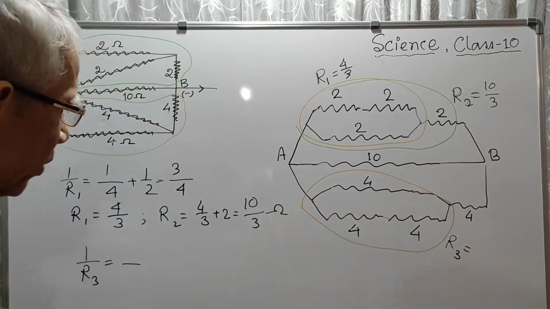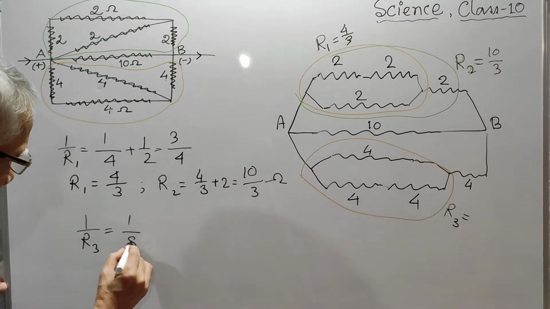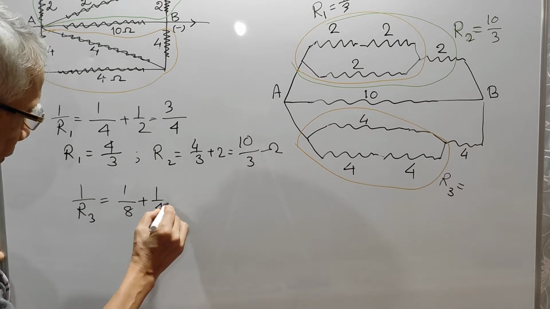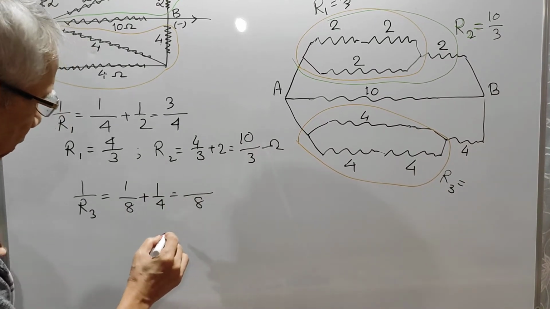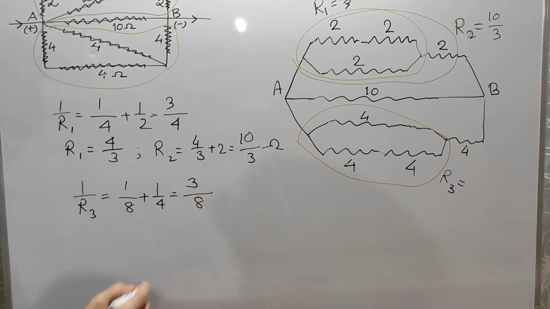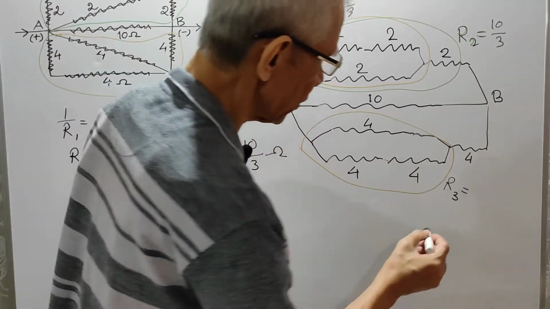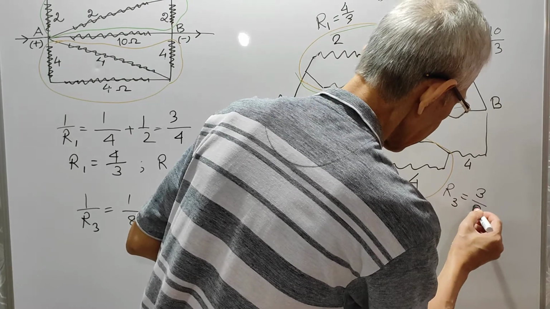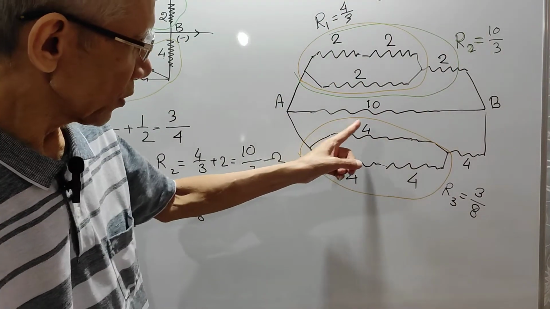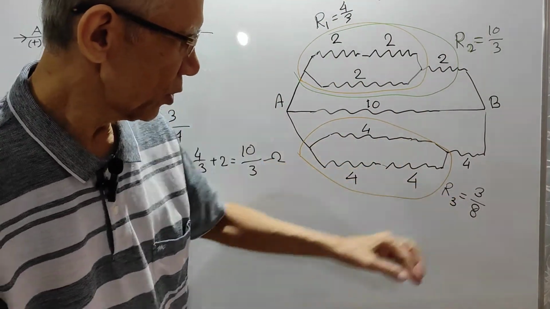So 1 by 8 plus 1 by 4. That means 3 by 8. So 1 by R3 is 3 by 8. The combination of these 3 is the R3.